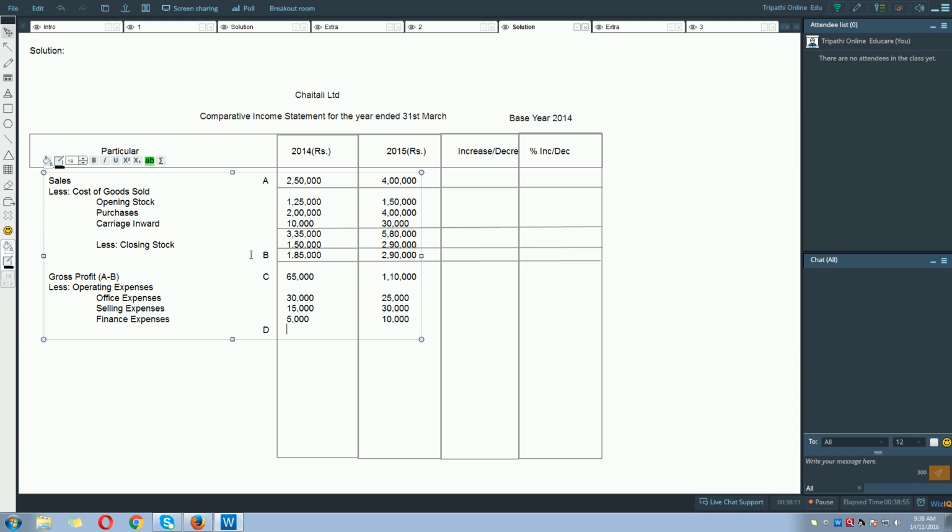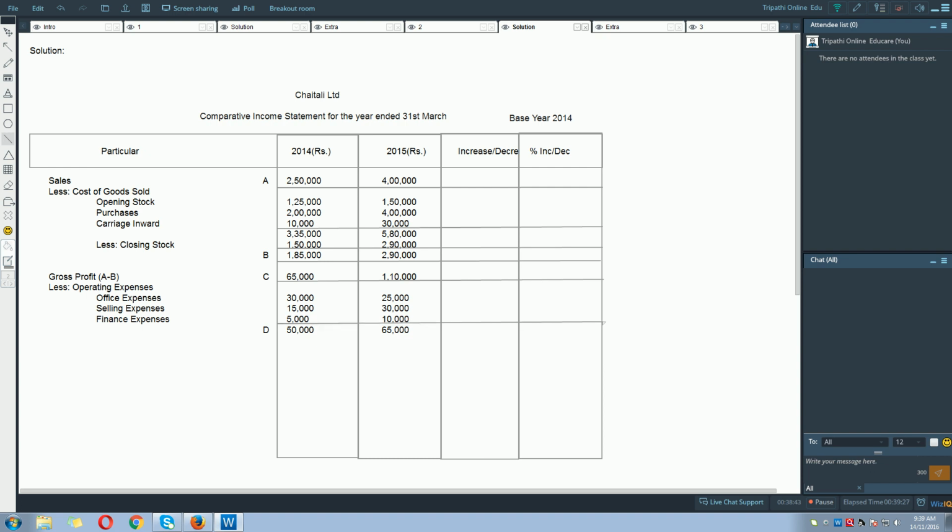Selling expenses, 15,000 and 30,000. Finance expenses, 5,000 and 10,000.